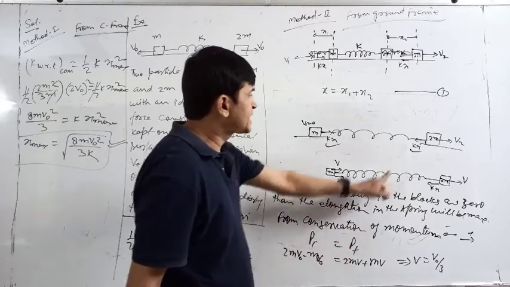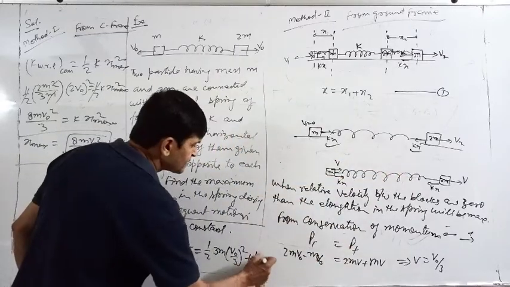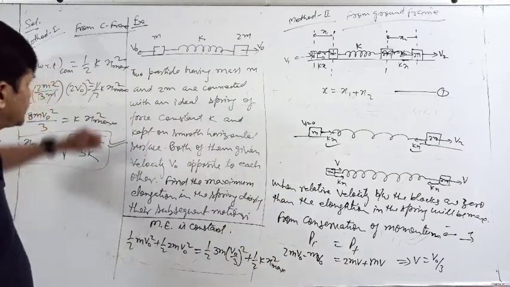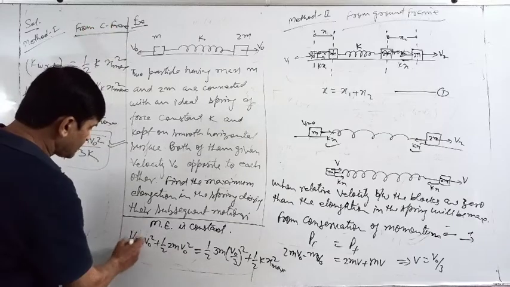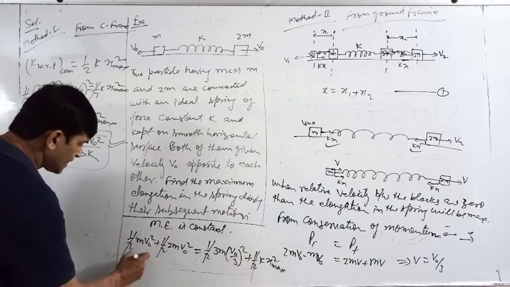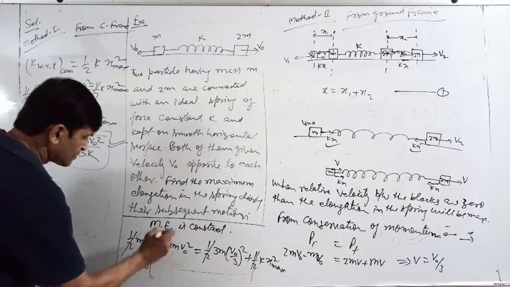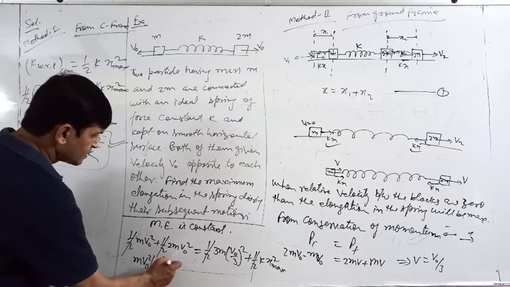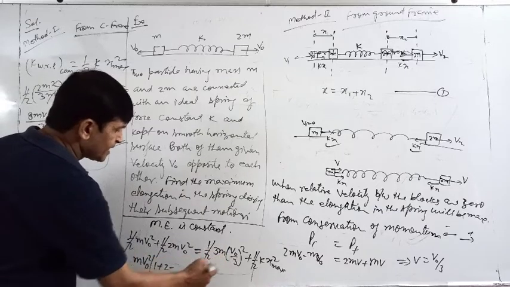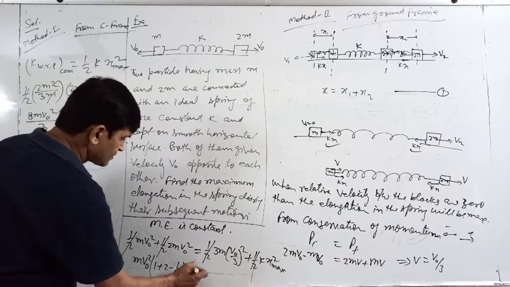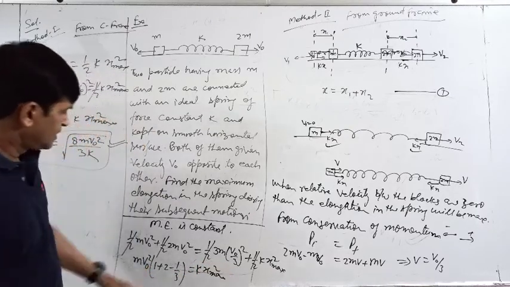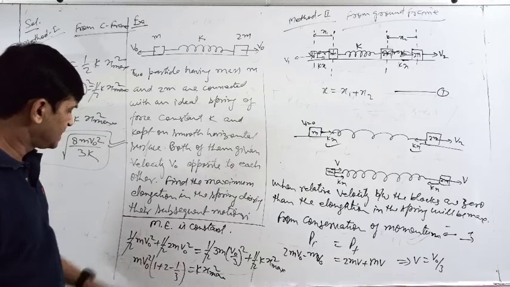plus the spring elongation energy, which is maximum, half k x maximum square. Now simplify. On simplifying, the 1 by 2s cancel. m v naught square you can take common: 1 plus 2, and from here minus 3 times 1 by 9, minus 1 by 3, equals k x maximum square, 2 by 3.